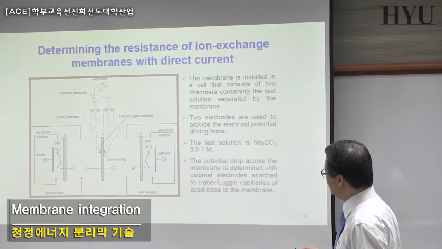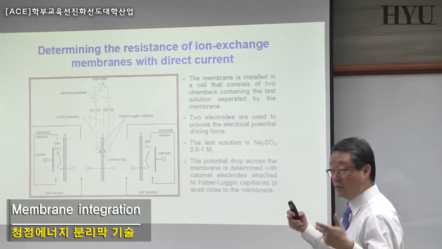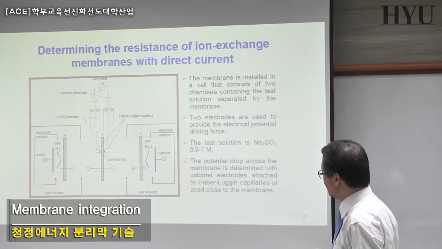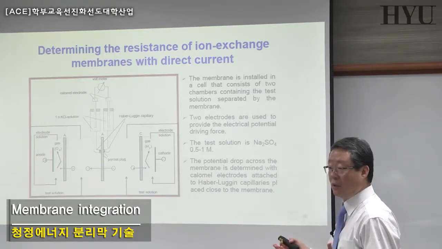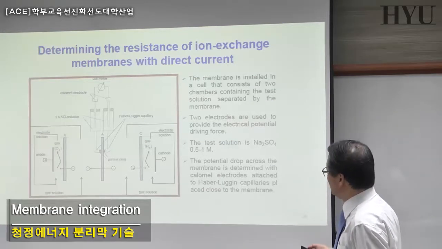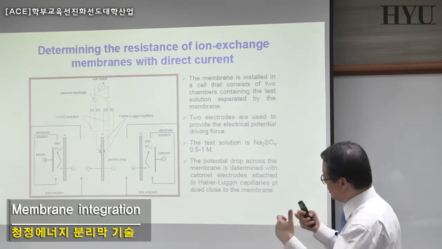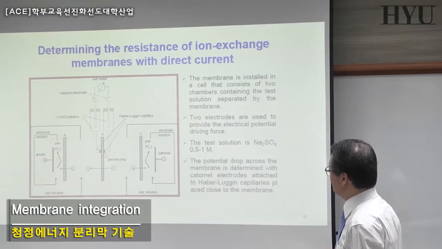Now, there are two capillaries coming from the two chambers, and the reason we have two chambers is that if we do not have any electrical current between the two chambers, then we can only talk about osmosis. But if we have electrical current from each side, like the anode side and the cathode side, then we have electrical distribution of the charges across this membrane as well.